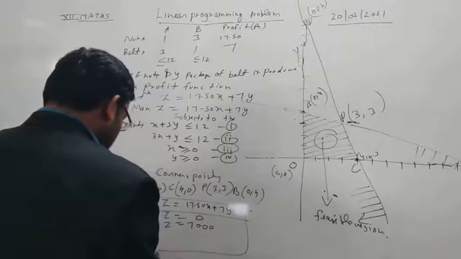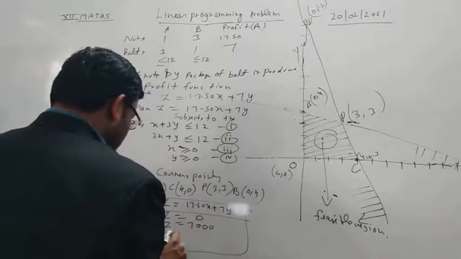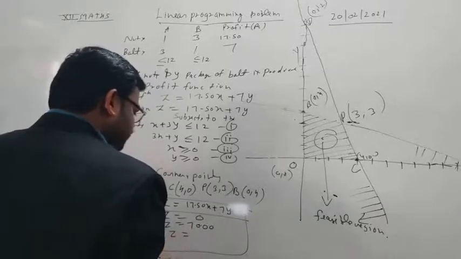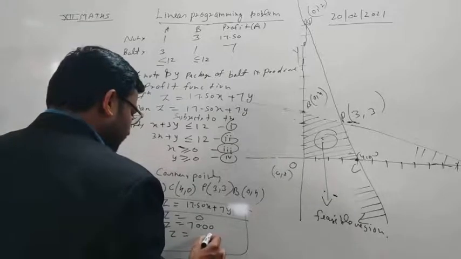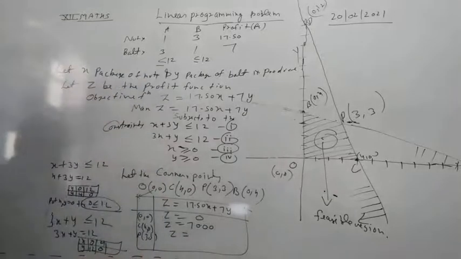And at the point P, our Z is, when we multiply, students, we get 73.5.